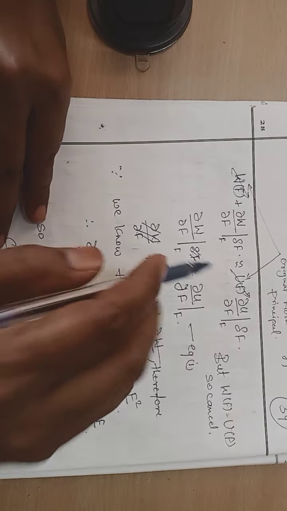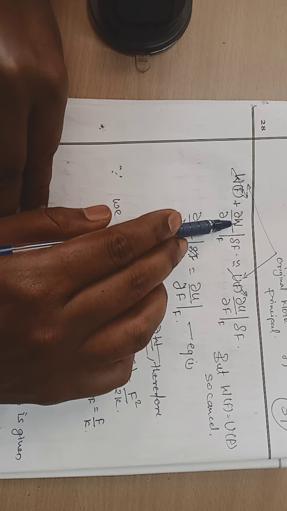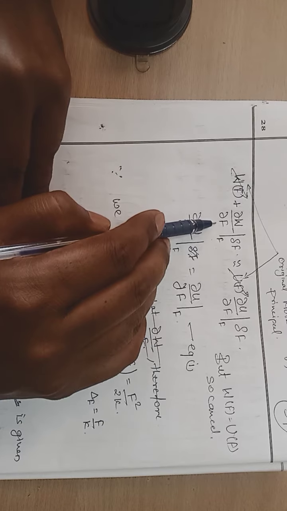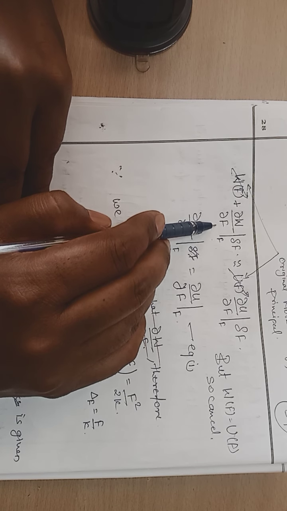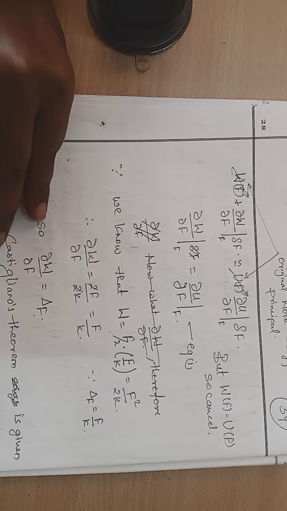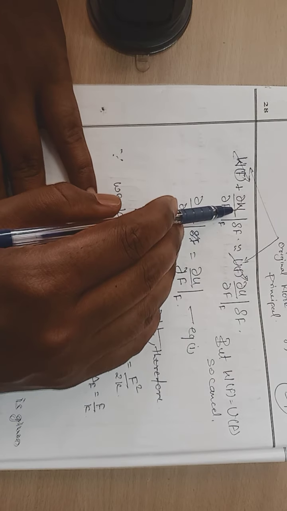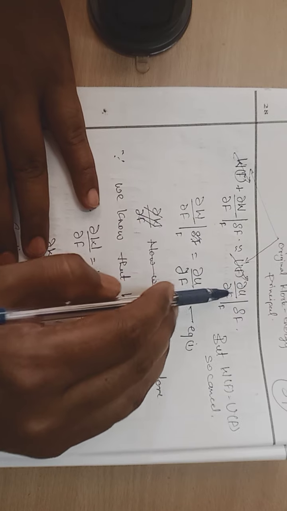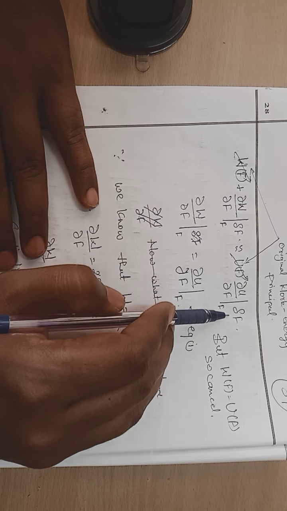For that purpose we are going to do the partial differentiation with respect to the original force F. So this term I am writing in terms of partial derivatives: dou W by dou F into del F, dou U by dou F into del F.